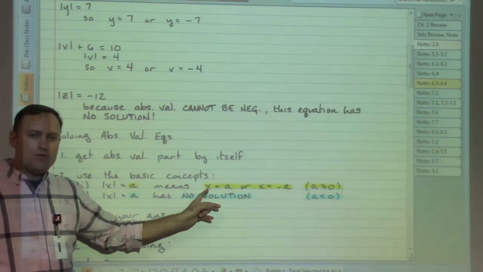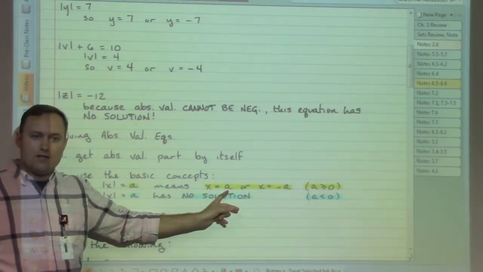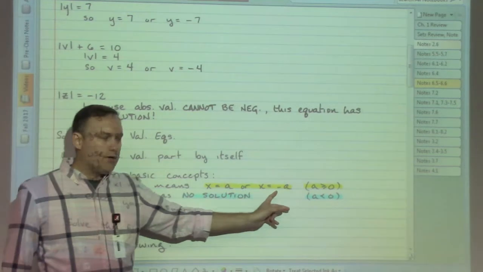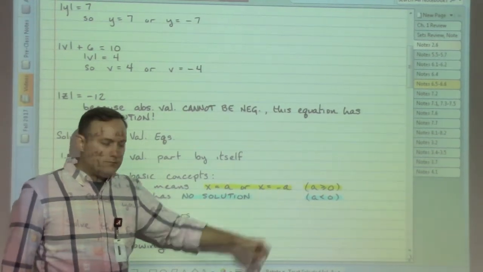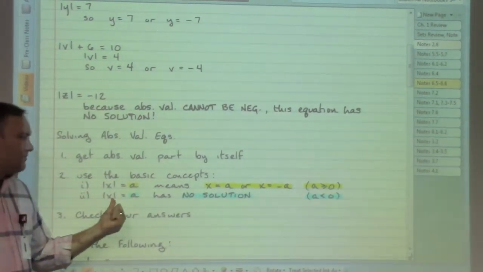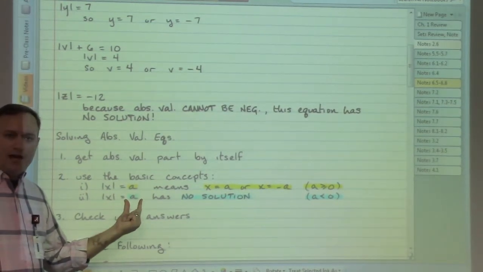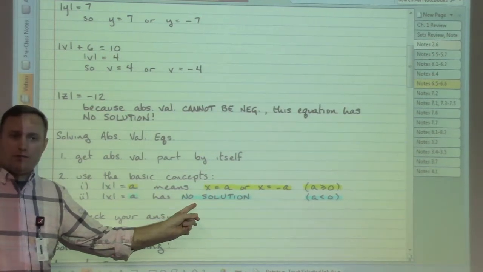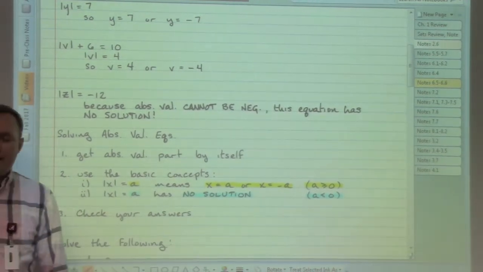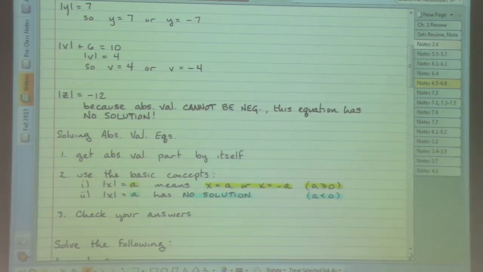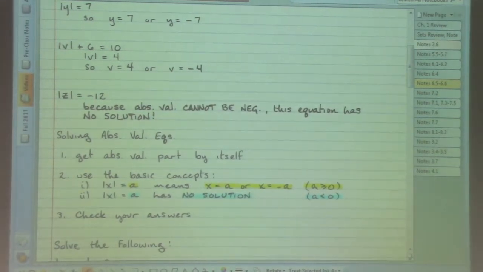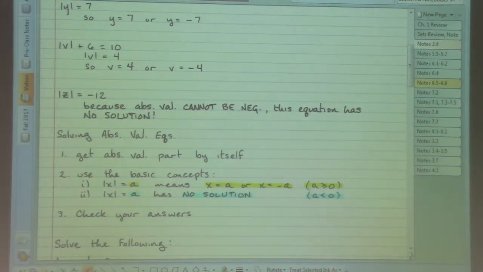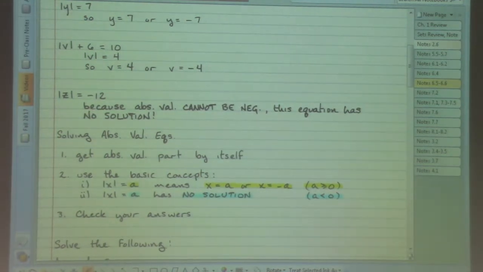Whatever is inside the absolute value bars could be the positive number originally, or it could be the negative number. But if I get that absolute value part by itself and I have a negative number showing up like that earlier example, I can automatically jump to the conclusion that my particular equation will not have a solution and be done with my work at that stage. And as we've said before with solving equations, it is always a good idea and frankly a wasted opportunity if we do not check our answers.